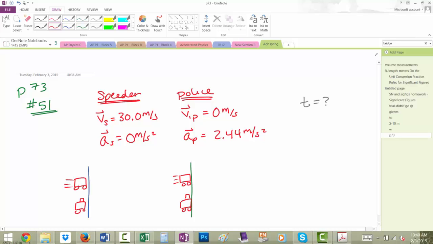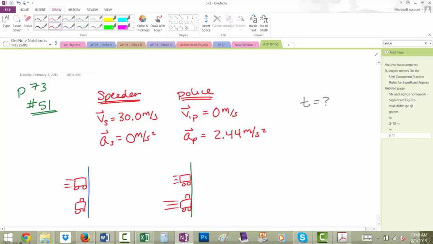Because it's accelerating, but the speeder's not. If this starts off at 0, and it just got to the same speed, it's just going to be trailing behind at some place, right? And then they're never going to get there, and the problem is silly. So the police car's got to be going really fast in order to catch up.